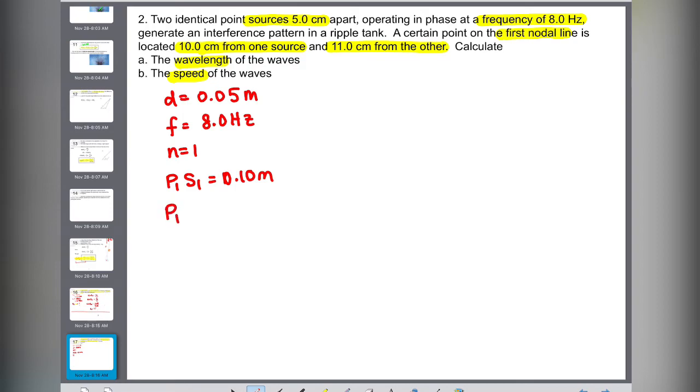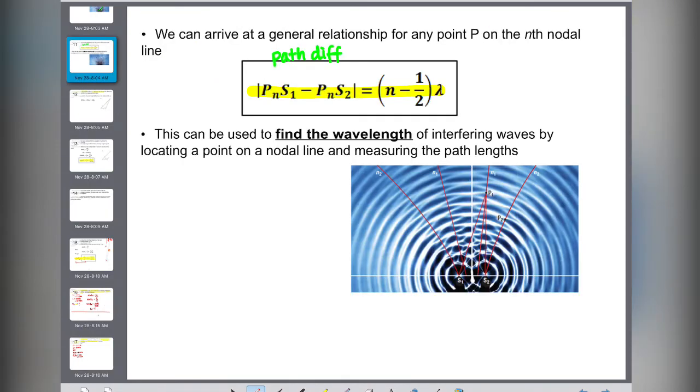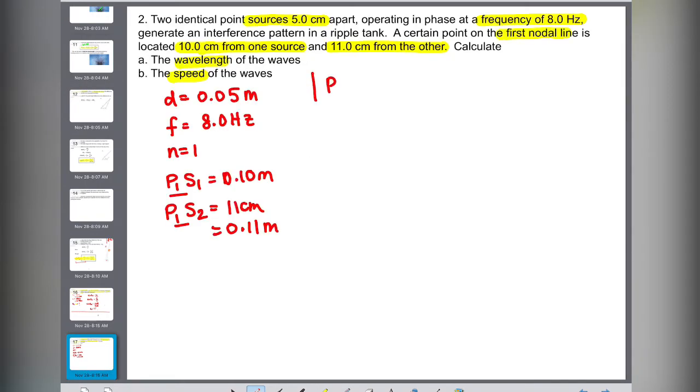And then the point to the second source is 11 centimeters, so it's 0.11 meters. Calculate the wavelength of the wave. I don't know if you recognize that this is the path difference, so you're going to go to the path difference equation. See, this one doesn't have to be divided by d, so that's the tricky thing, but you can have your equation sheet in front of you, so you don't have to memorize it.